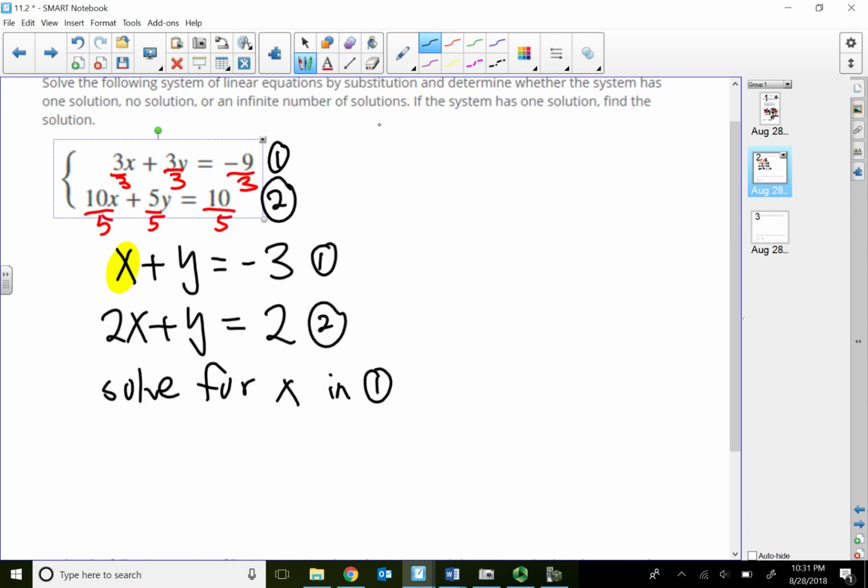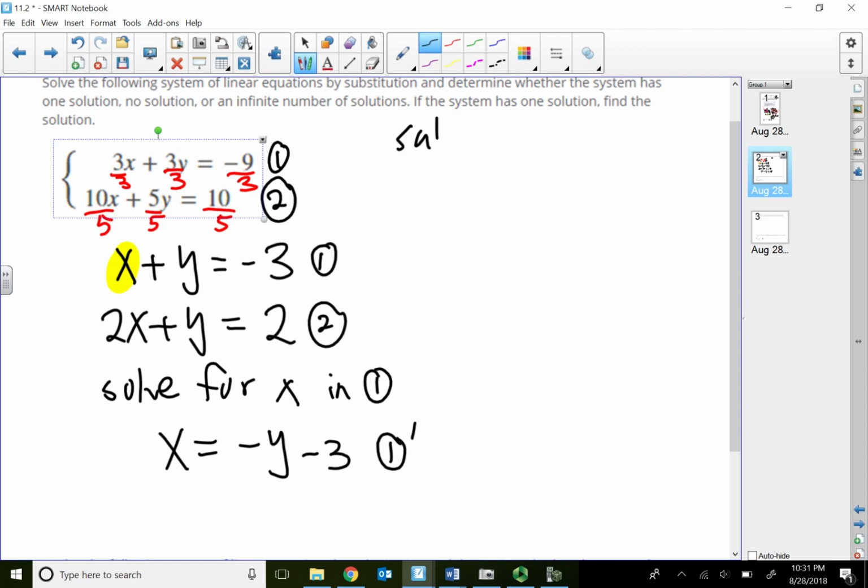So move the positive y over. So when I move the positive y over, I should get x equals negative y minus 3. And let's call this equation number 1 prime. Because this equation comes from my original first equation, and I worked on it one time.